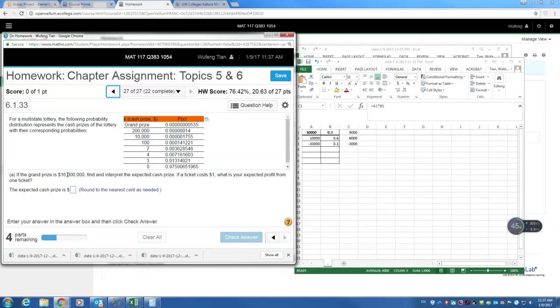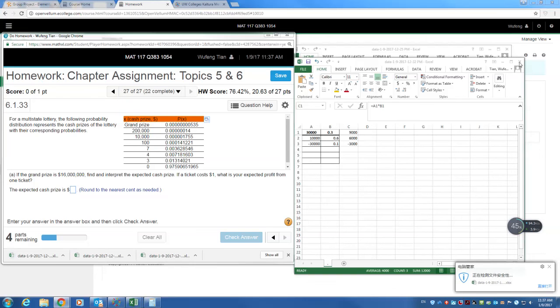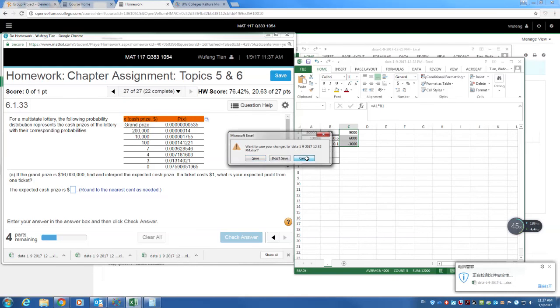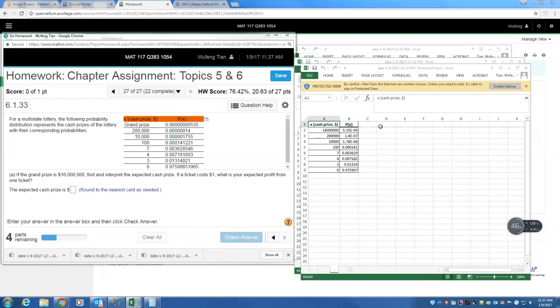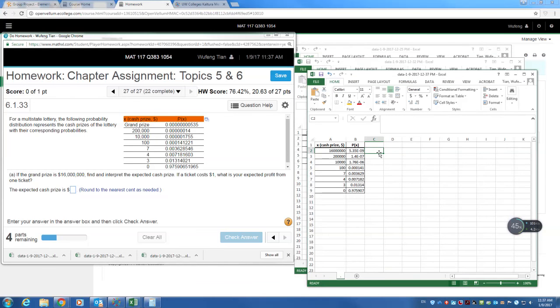If the grand prize is $160,000 and the lottery ticket cost is $1, what's the expected profit? It's the same as the insurance company one. So now it equals the prize multiplied by the probability of each outcome. Multiply these, and that's almost 0.